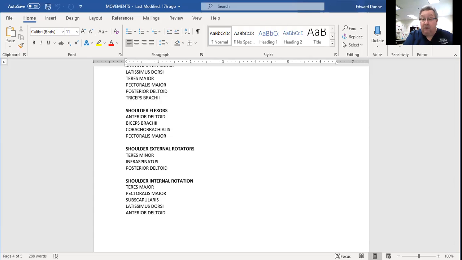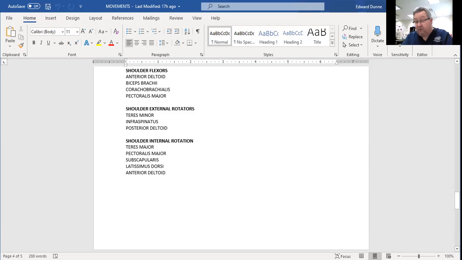Now, a group of muscles that we go over an awful lot is the shoulder flexors. This is a very important group of muscles that you guys need to know. Again, it's another acronym that I use, kind of like BBB for the elbow flexors.